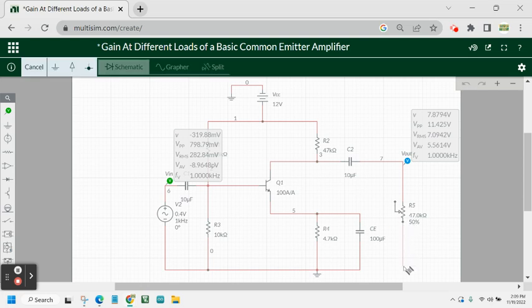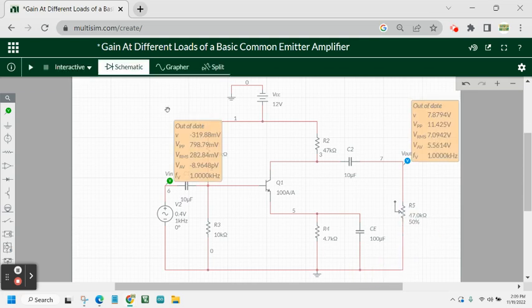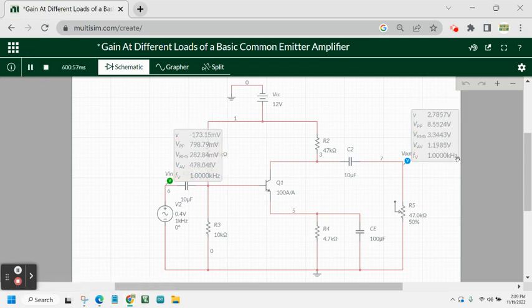So let's connect the load resistance, and let's say we have 47 kilo ohms, same as before, but this time we have the capacitor in parallel to the R4 or the RE. So let's see the result. The voltage output is still high at 9.609 or 9.6 volts.